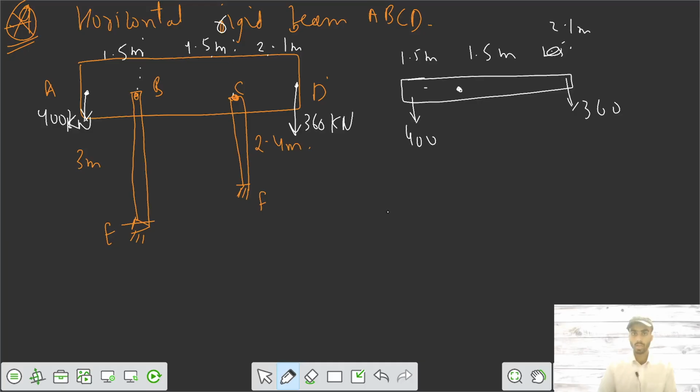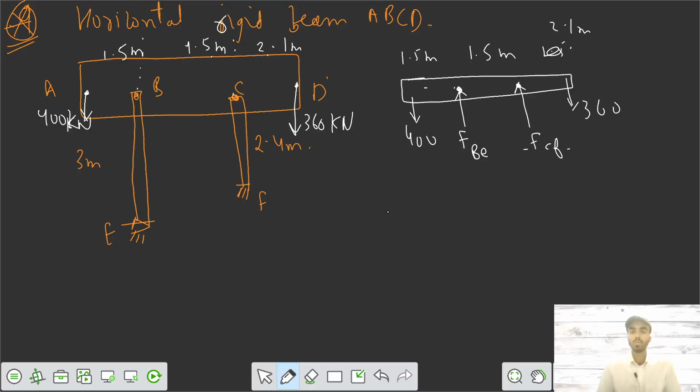Let's say I would write the force in bar BE here, and here I would write the force in bar CF. I have assumed the direction of these two as upwards. Okay, upwards.